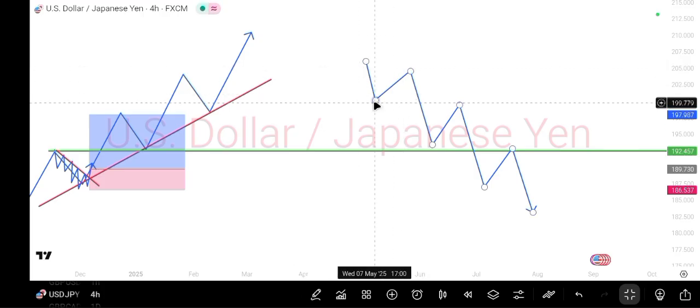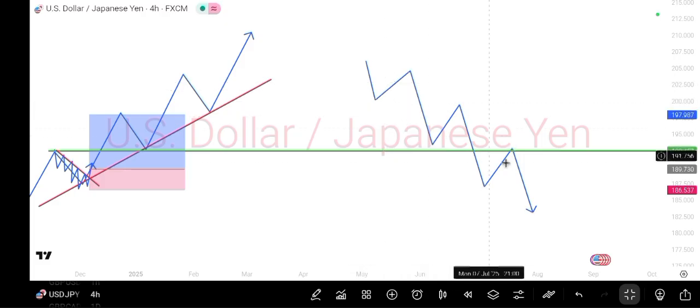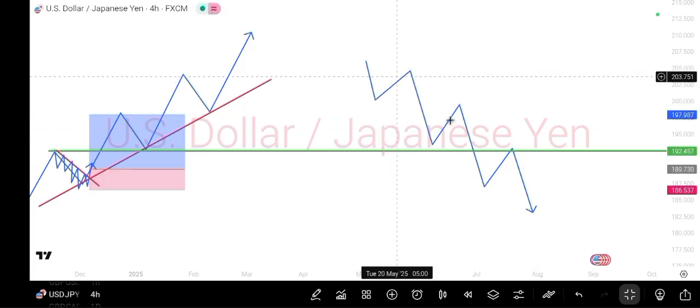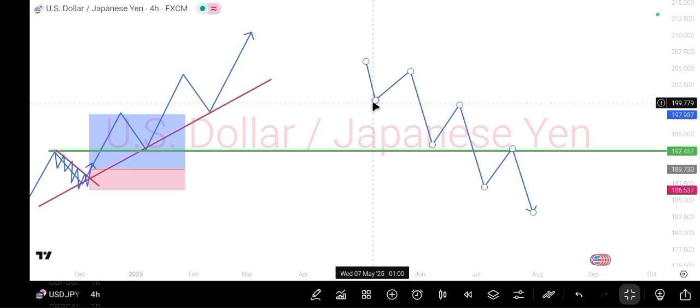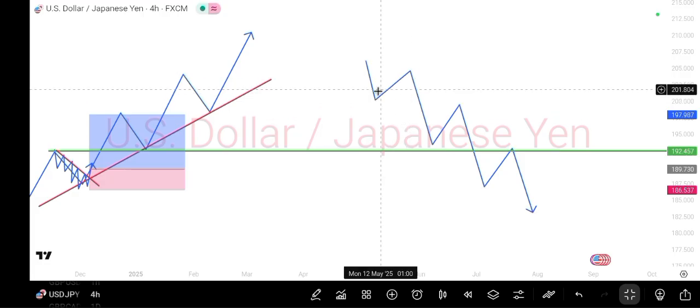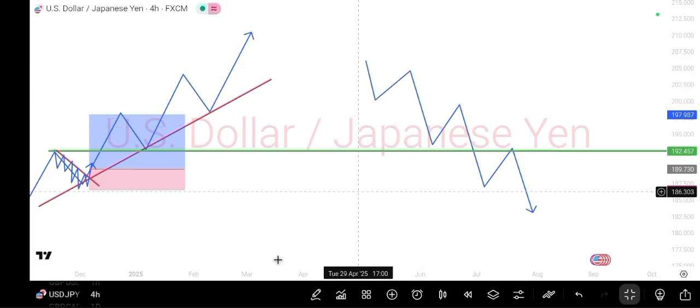Now from here to here, this is on a daily time frame. If this downtrend is on a daily time frame, from here to here on the 4-hour and 1-hour time frame will be a sell trend. Then this retracement that happened will be a buy trend, something like this.